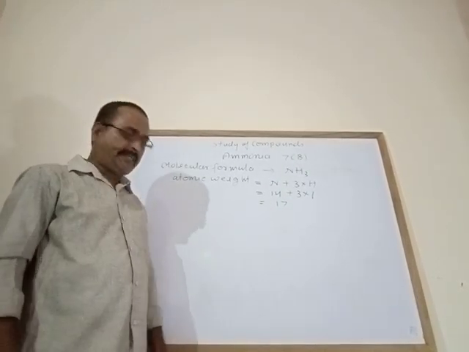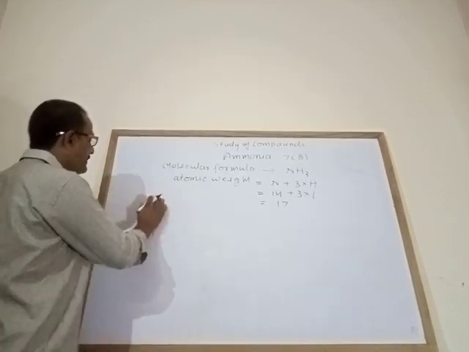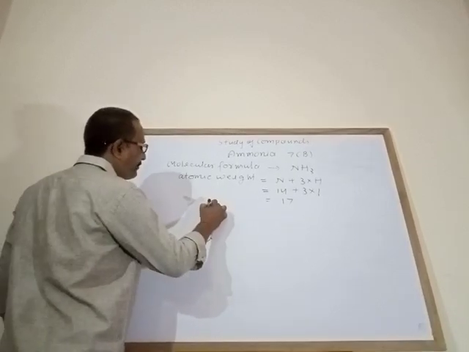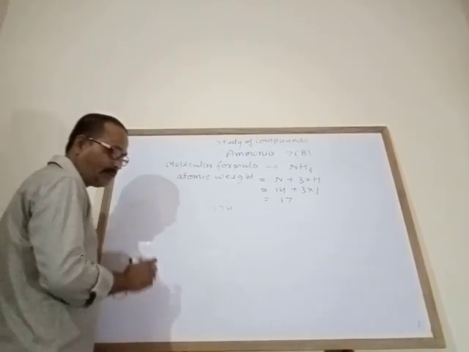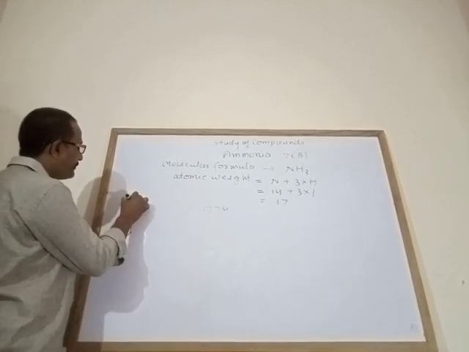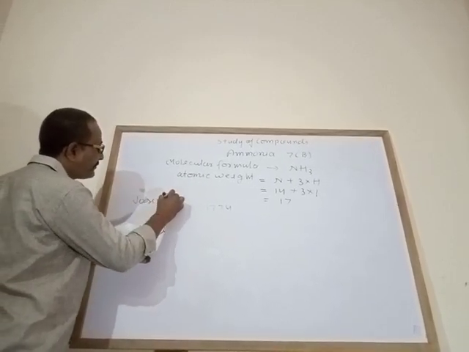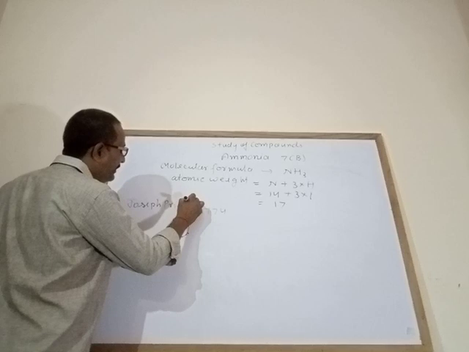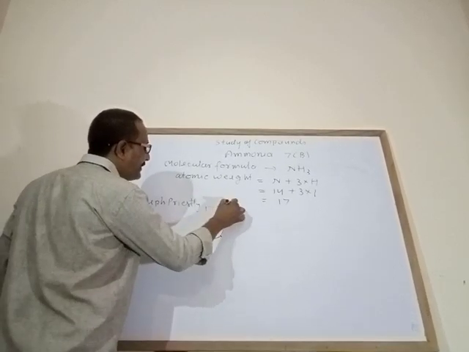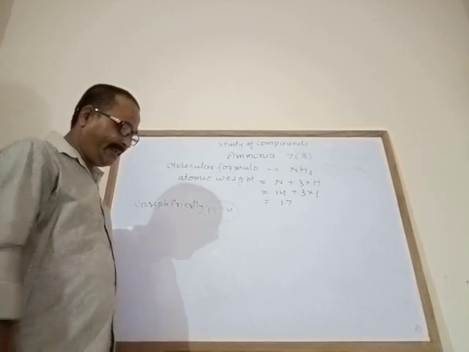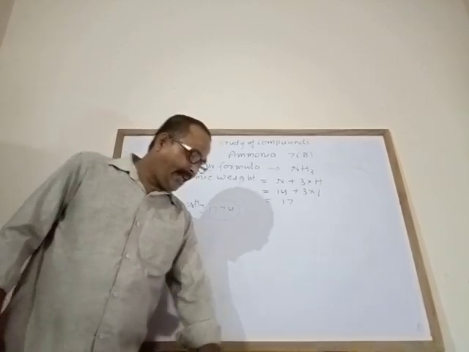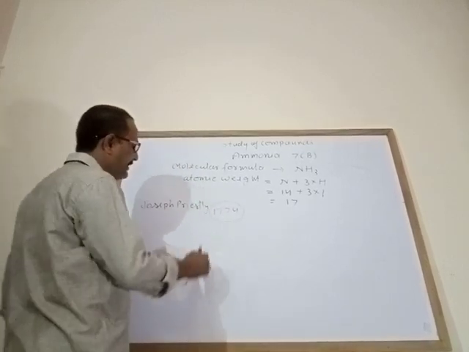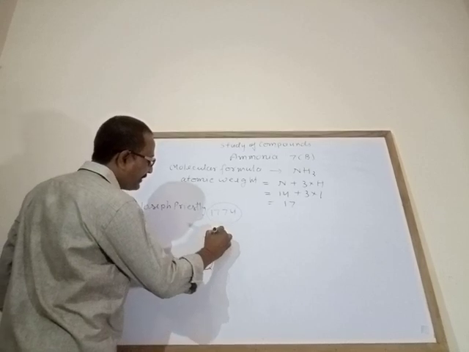First of all, Joseph Priestley in 1774. Already I had explained about that. In 1774, he prepared ammonia with slaked lime and sal ammoniac. Slaked lime means calcium hydroxide, and sal ammoniac means ammonium chloride.